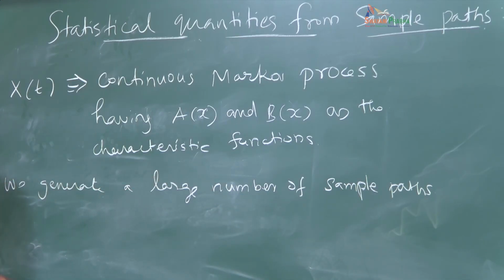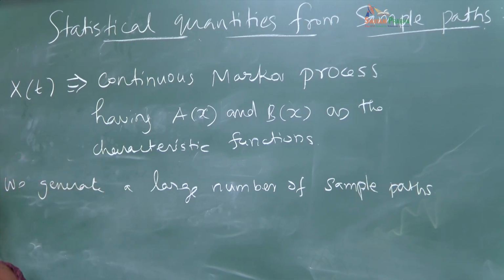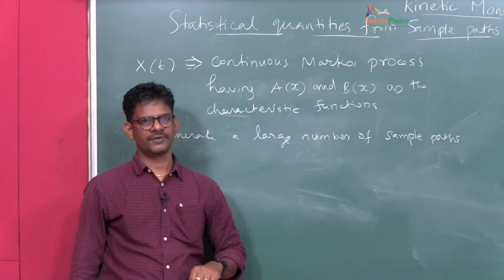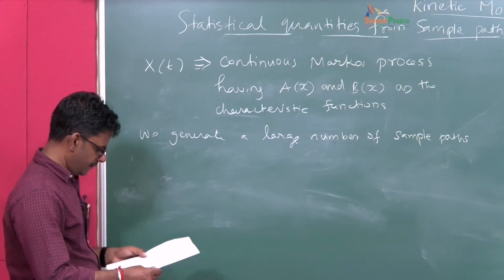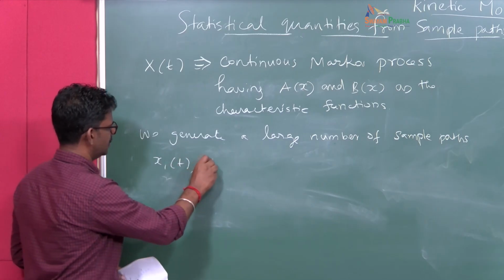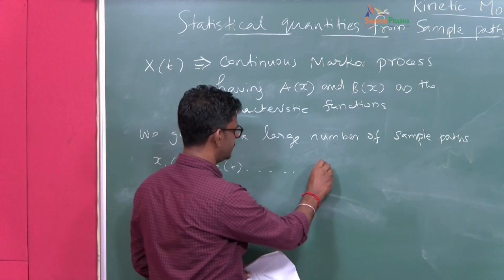Even if we do not know the underlying distribution, we can still generate sample paths. That I will come to a little bit later. But right now let us assume that we know a methodology by which we can create a large number of sample paths for a given stochastic process. We will denote them x1 of t, x2 of t, all the way up to some xn of t.